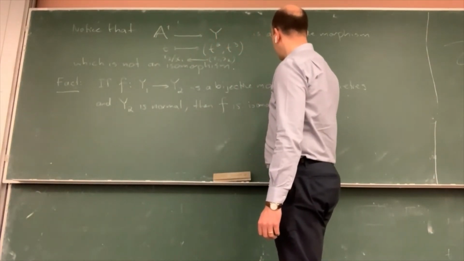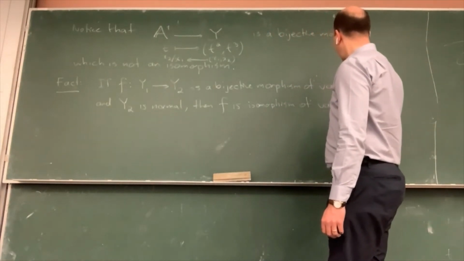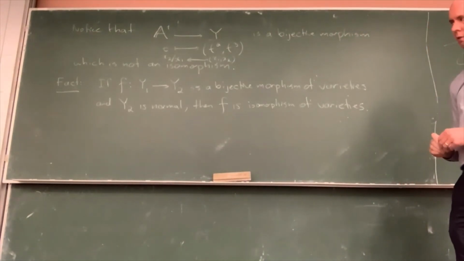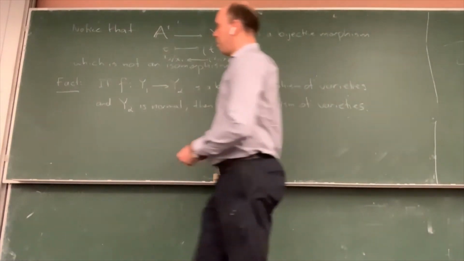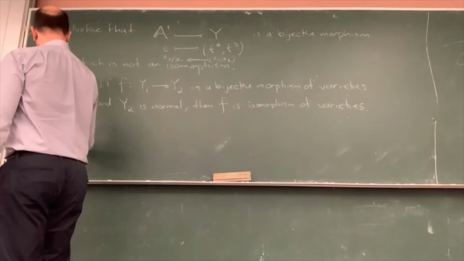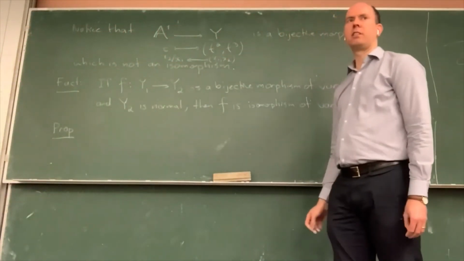So F is an isomorphism of varieties. That illustrates one way in which normal varieties are nicer.